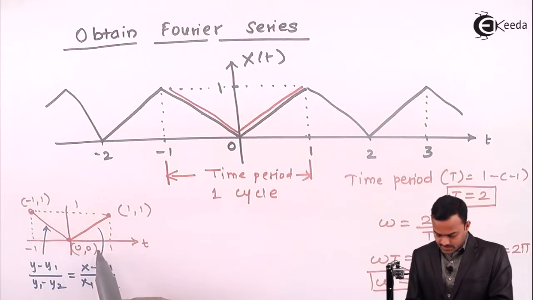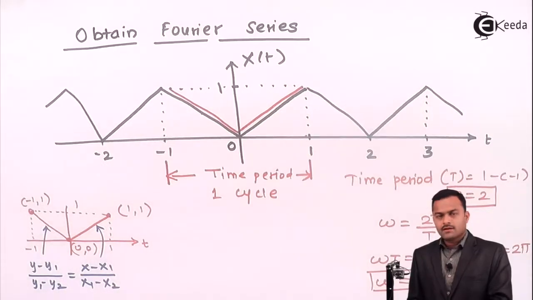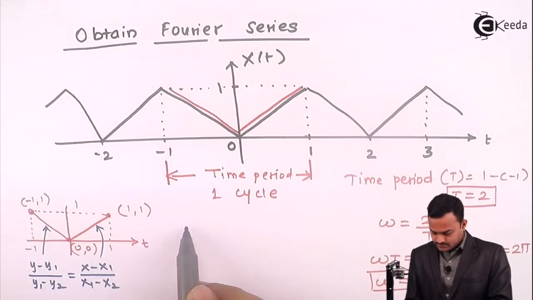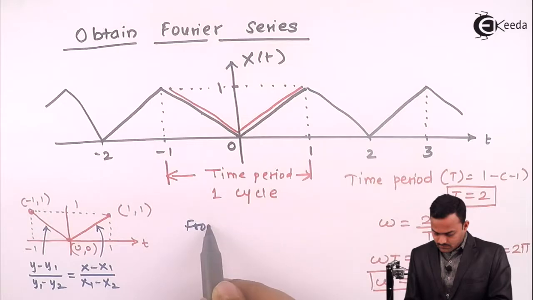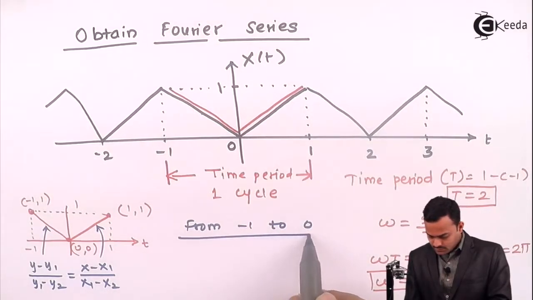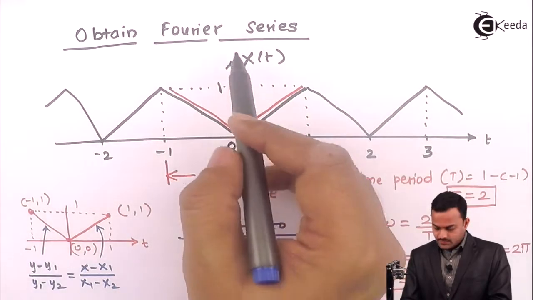For this also we have the same equation. So let's write the equation of this part of the line, from -1 to 0. Y is nothing but this x of t.